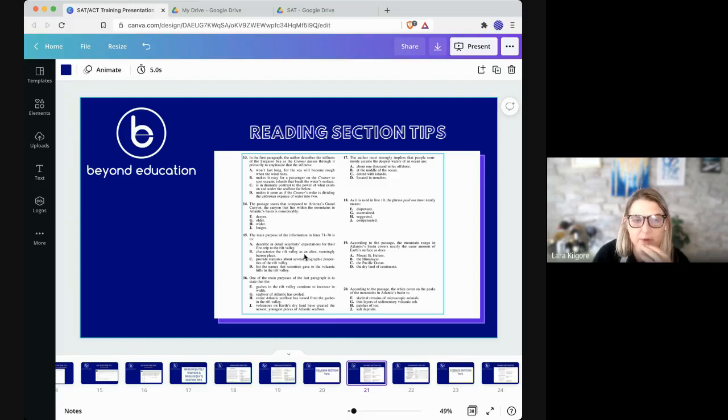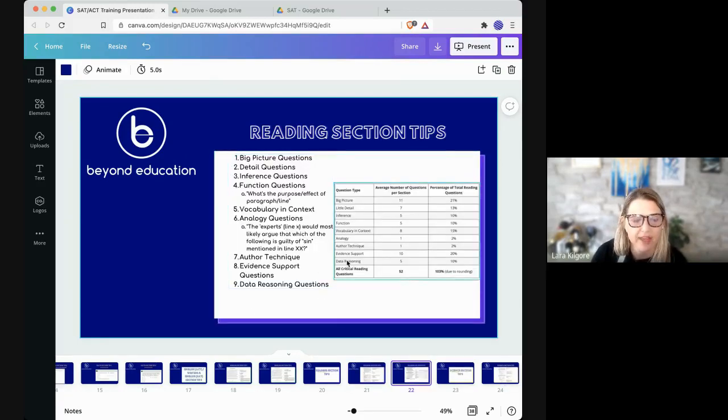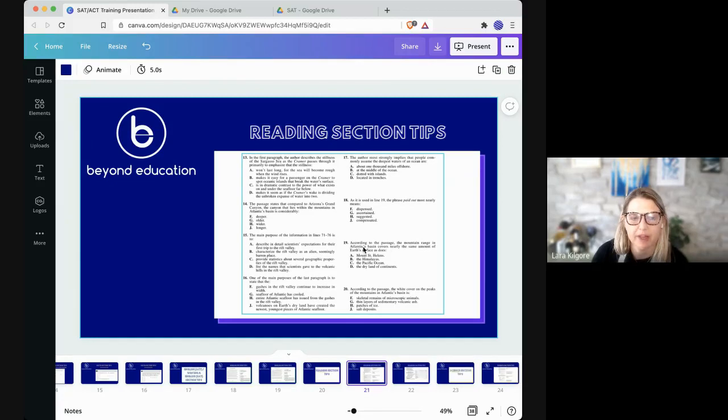Here's the main purpose, a purpose question. The main purpose of this information is what? I did not pull out the question that backs it up, but where you would have an example of the evidence support question would be like if they asked, according to the passage, the mountain range of Atlanta's basin covers nearly the same amount of blah, you would pick the answer here.